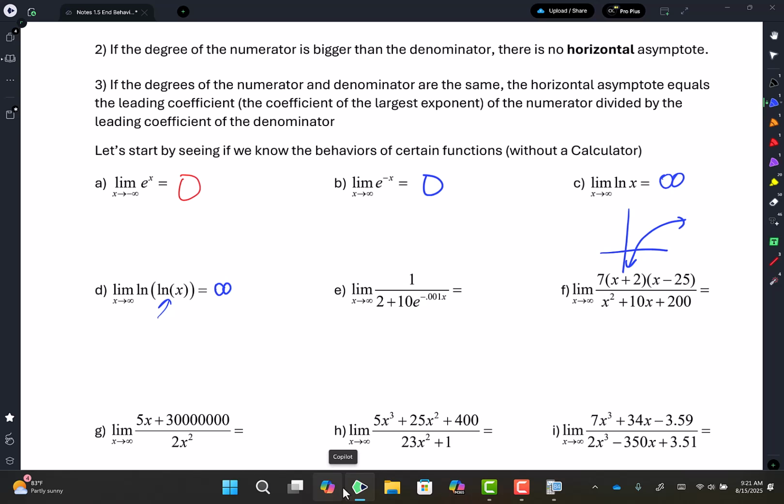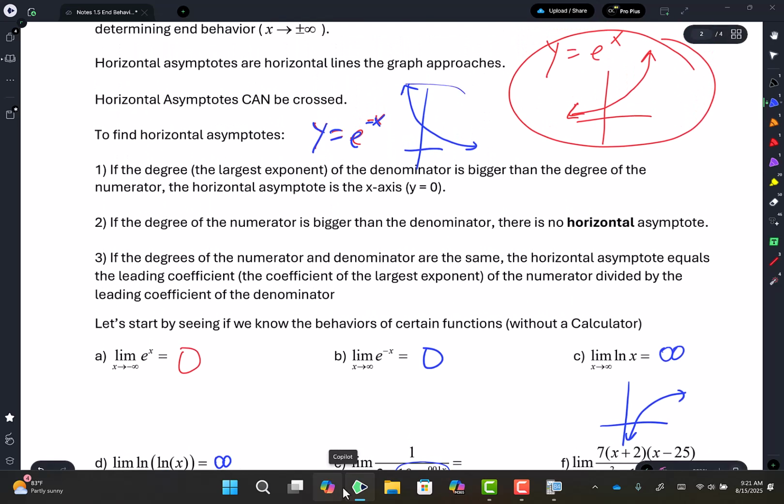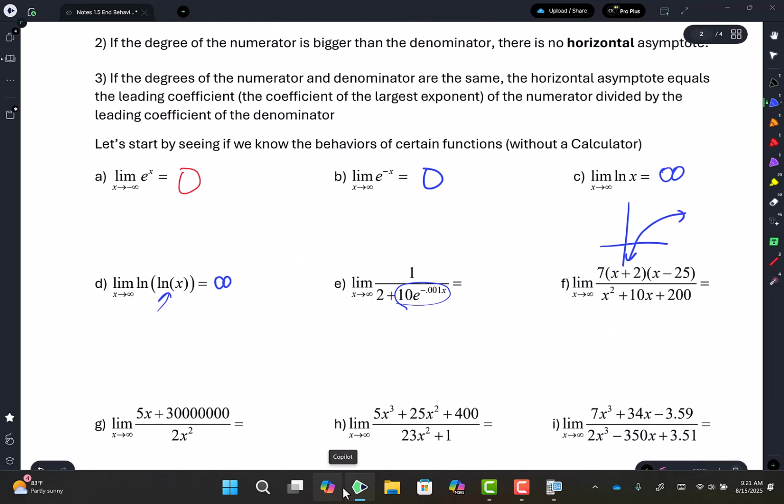All right, let's see if we can figure this out right here. Look at this. Guys, it doesn't matter that I have 0.001. The exponent is still negative, so it behaves like this. Just the exponent part, e to the negative x. So this part right here that I'm circling, that is going to approach what?